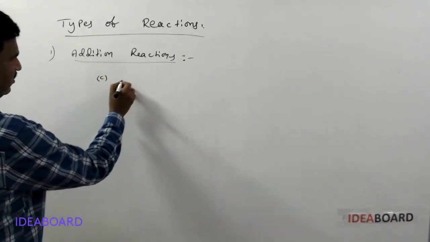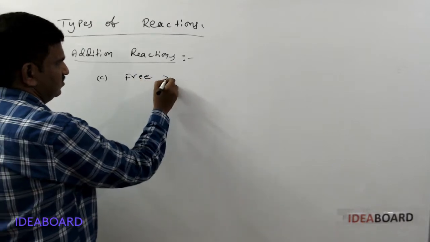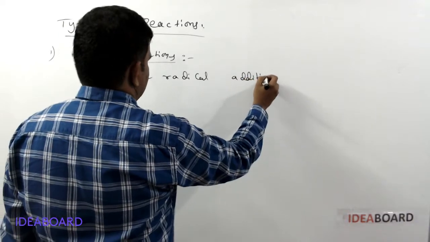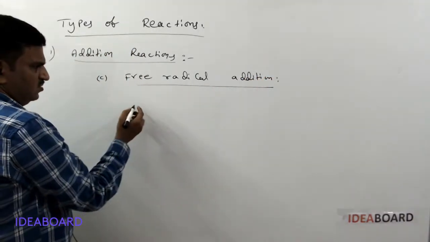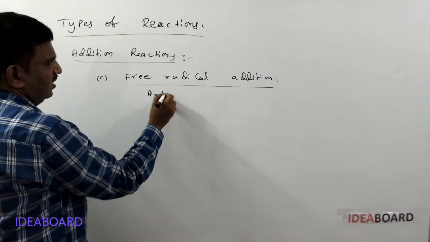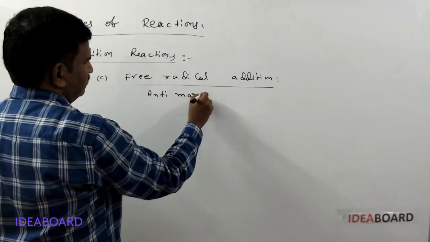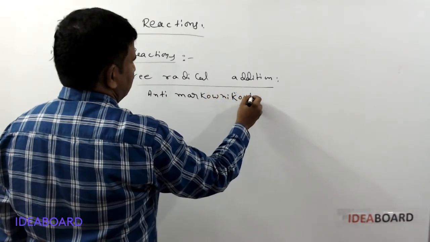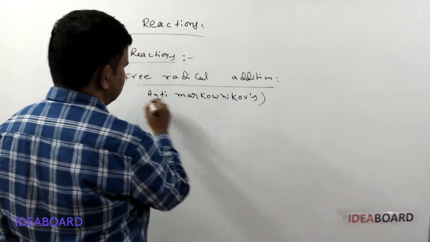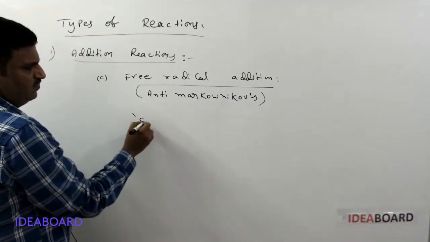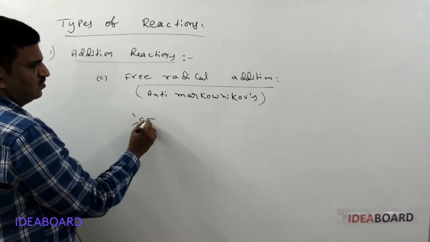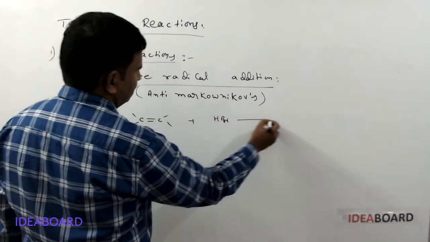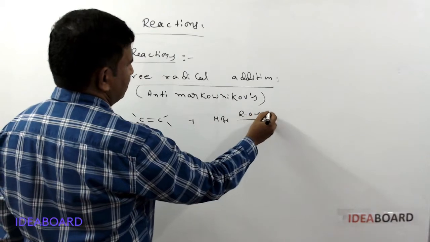Next, the third type is free radical addition reactions, also called anti-Markovnikov addition. For example, we have an alkene, and we add hydrogen bromide in the presence of a peroxide.